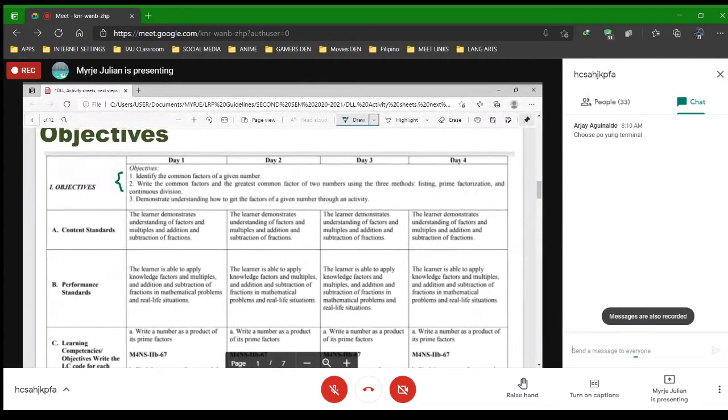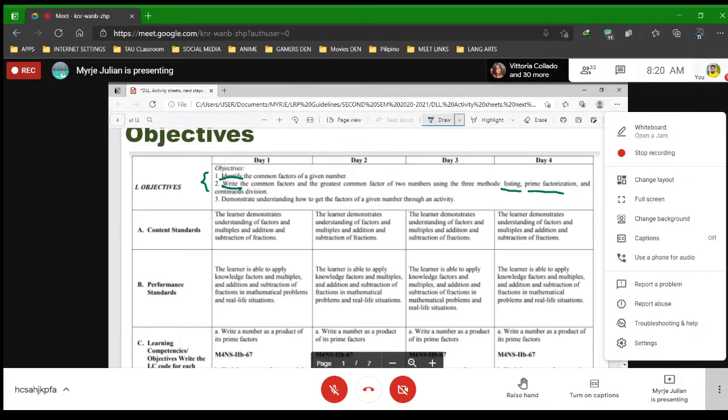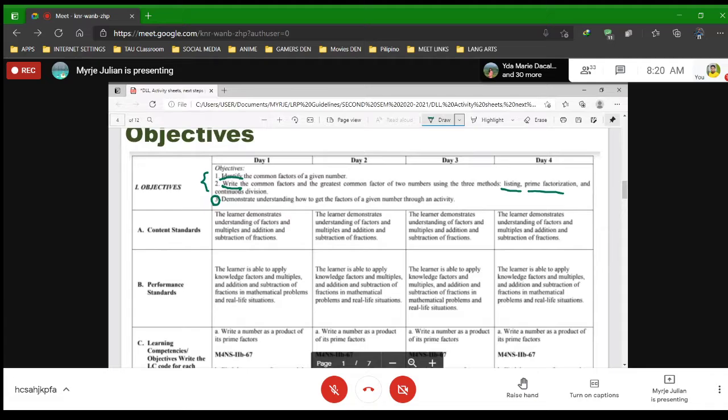Kasi mag-identify yung bata, and then he or she will write the common factors by using the 3 methods, which are listing, prime factorization, and continuous division. What is not acceptable here is the number 3 here, because it has demonstrate understanding.